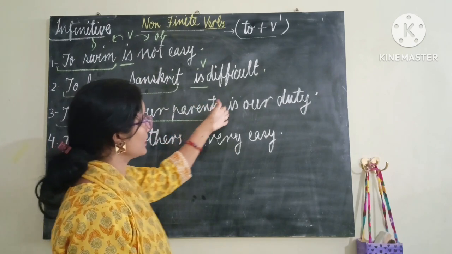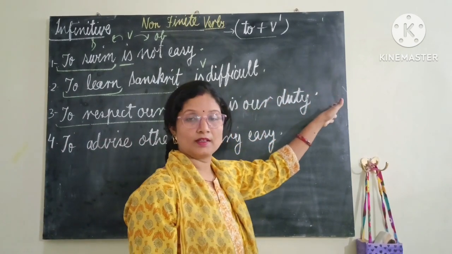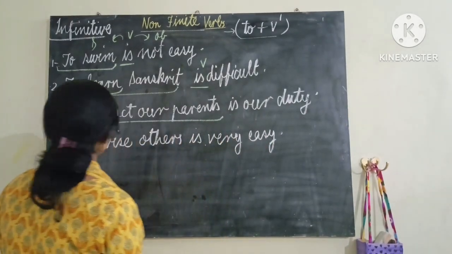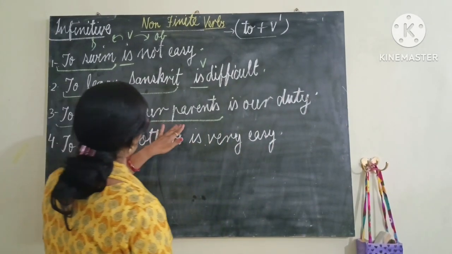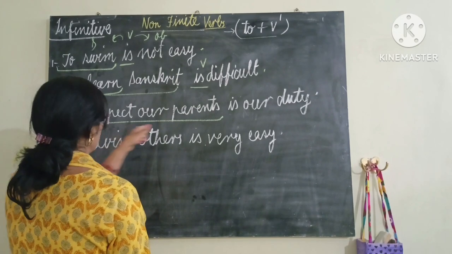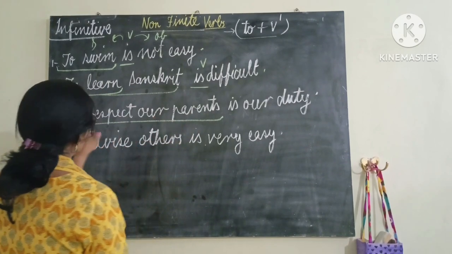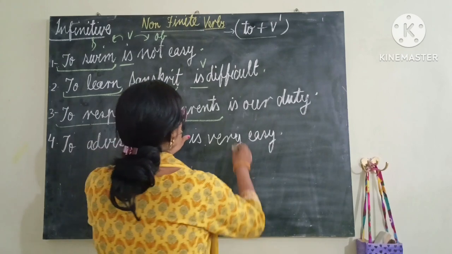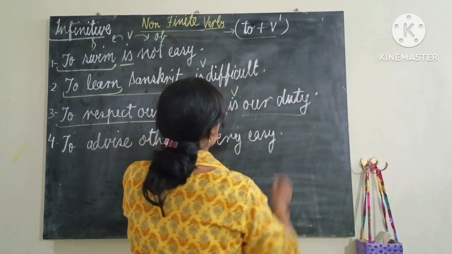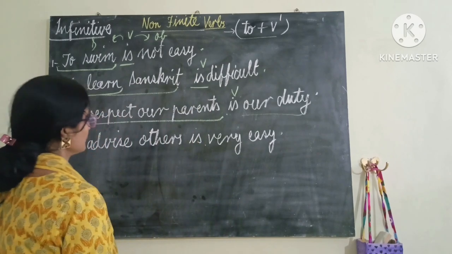And from the verb till the last word of a sentence, that is the part of the predicate. To respect, actually, is the infinitive, but we will take this whole as a phrase: to respect our parents. And this is the verb. Is our duty. This is the complement.